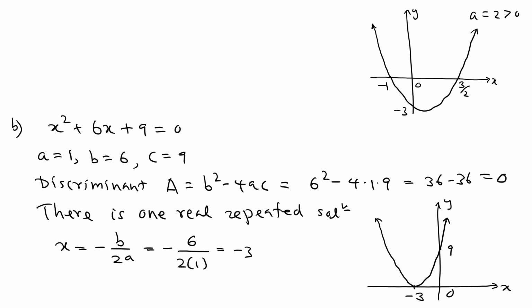Actually, next one. Let's say we have C: 2x squared minus 4x plus 9 equals 0. You can see that a equals 2, b equals negative 4, and c equals 9.